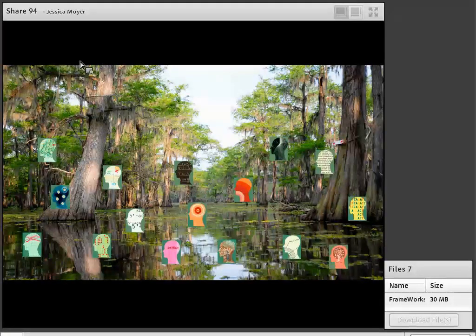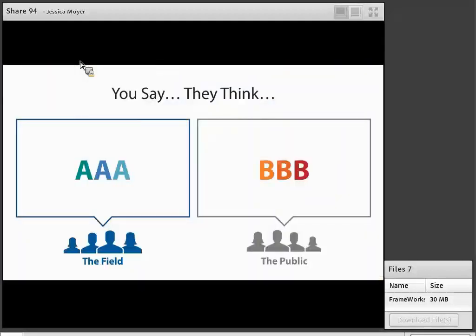When that happens, when we as communicators aren't aware of this complex ecosystem that we're entering into, we run into a problem that we refer to as you say, they think. So the idea here is you as a communicator say something which seems pretty clear. You've spent a lot of time crafting this message carefully, and as a standalone item, it makes a whole lot of sense.